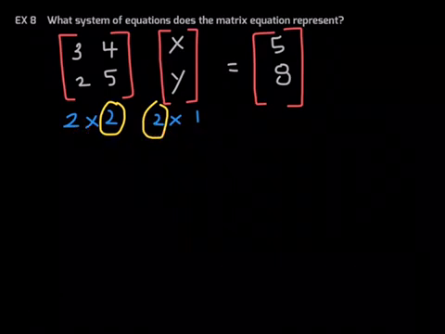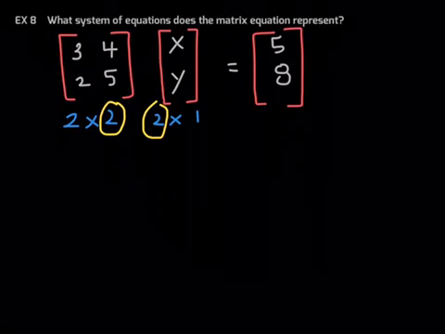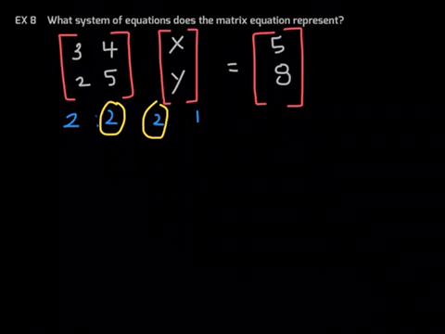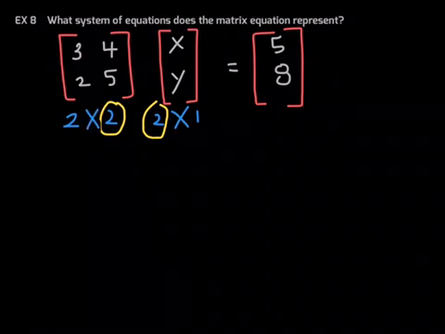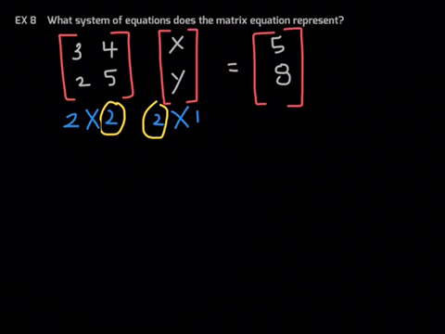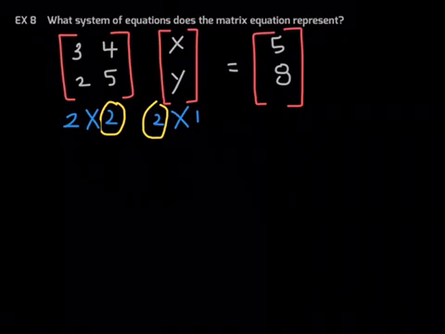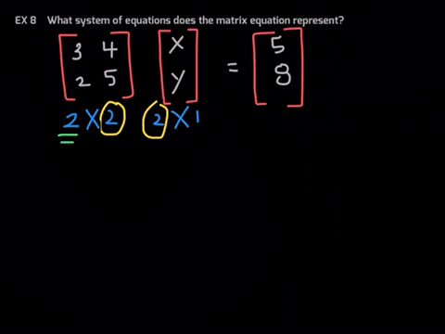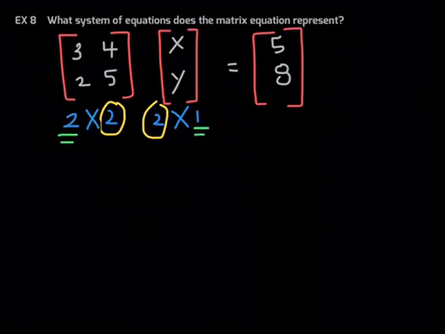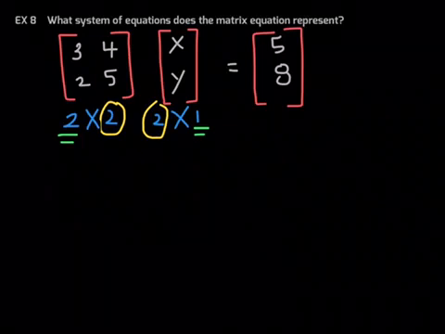You know what might make it a little more clear is, what if I made these right here a little bigger than normal? So like 2 by 1, 2 by 2, all right? I think that's better. So the multiplication on the left-hand side is defined, and we know that the product will be a 2 by 1 matrix. If you multiply these two out, notice what you get on the left-hand side.